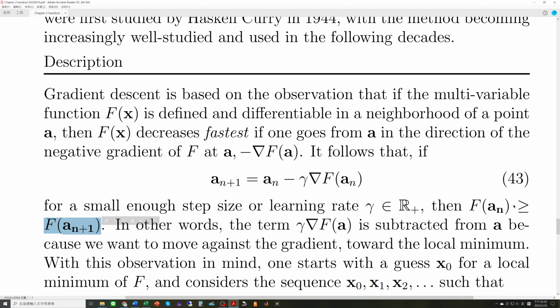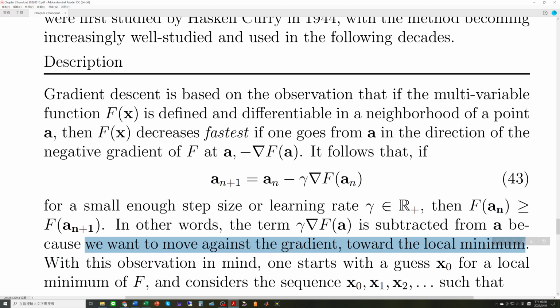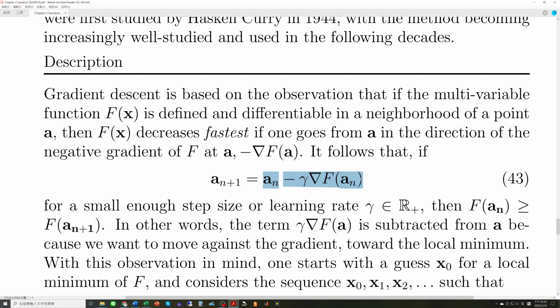It is easy to prove this inequality using calculus. In other words, the term gamma times the gradient of f of A is subtracted from A because we want to move against the gradient toward the local minima. You can see that we use a_n minus gamma times the gradient of f of a_n.